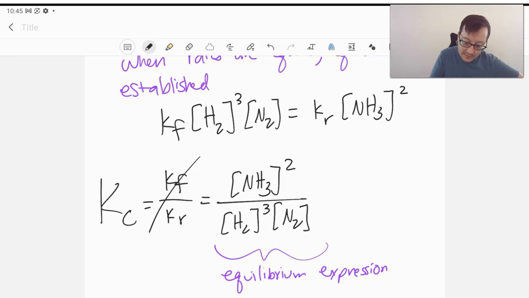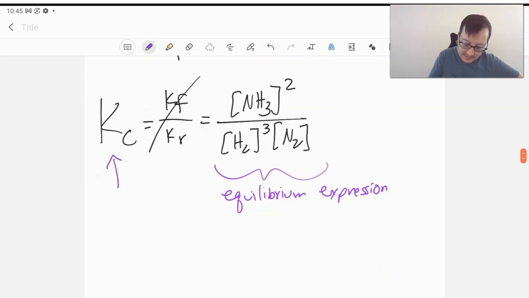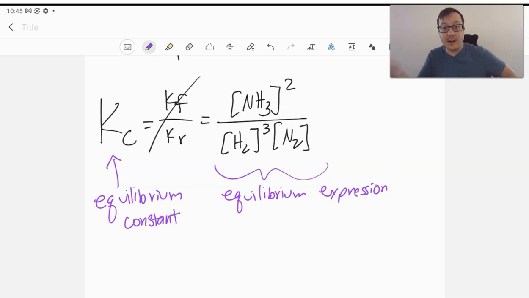So we're going to combine the two rate constants into a new constant called Kc, which is an equilibrium constant. And since we know that the K's were constant at a given temperature, and we know that those rates were equal, we now have a new constant here called the equilibrium constant, Kc.